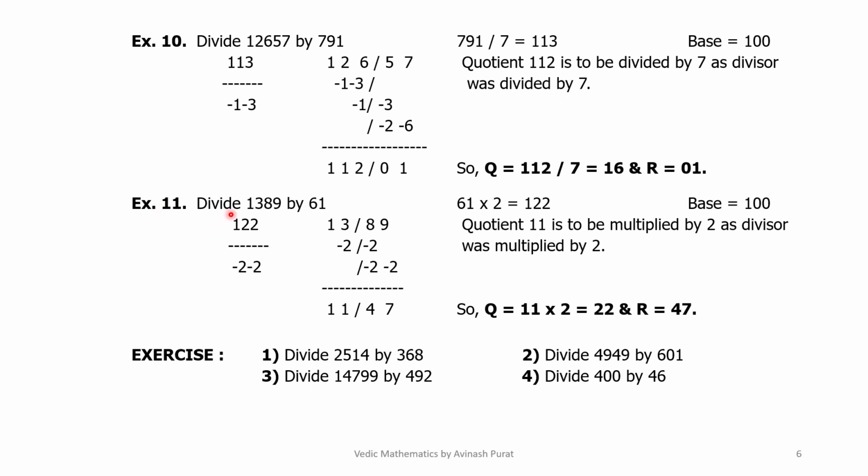11th example, divide 1389 by 61. 61 multiplied by 2 is 122.